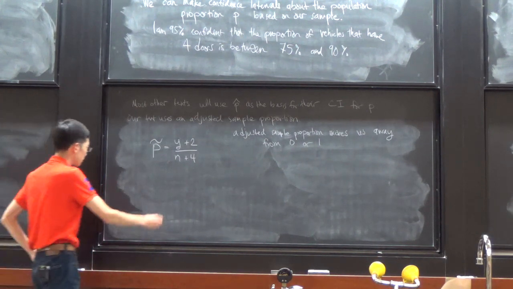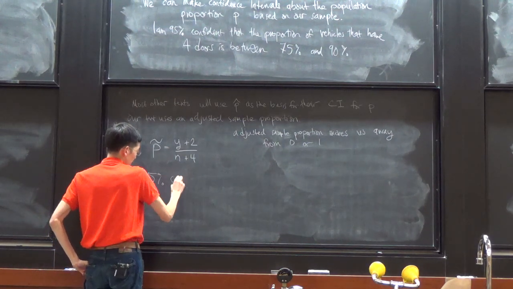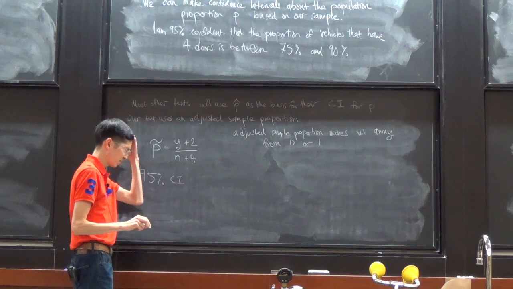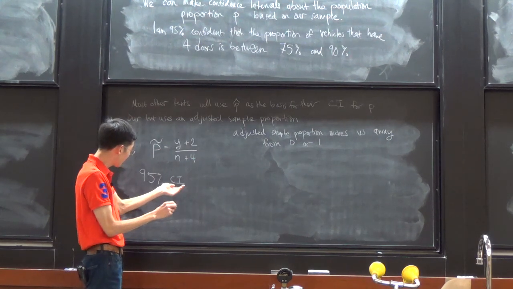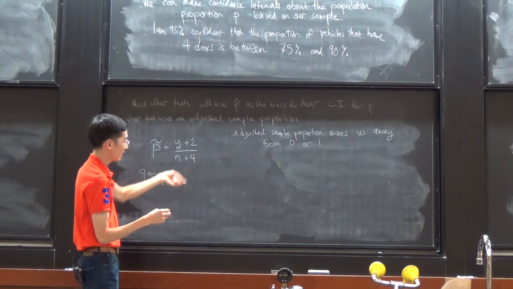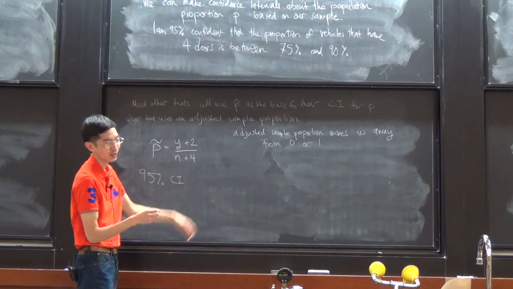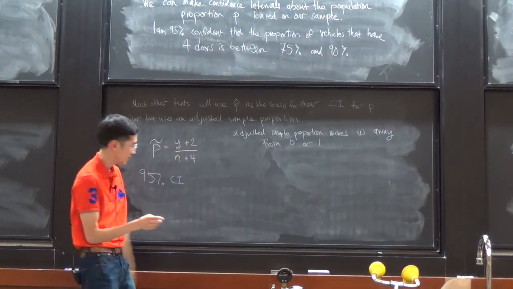And for your confidence interval, we're only going to learn the 95% confidence interval, because if you choose something other than 95%, you have to change these numbers from 2 and 4 to different numbers. So we're just going to leave it like this.